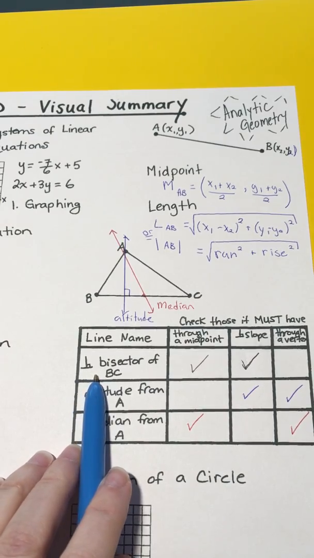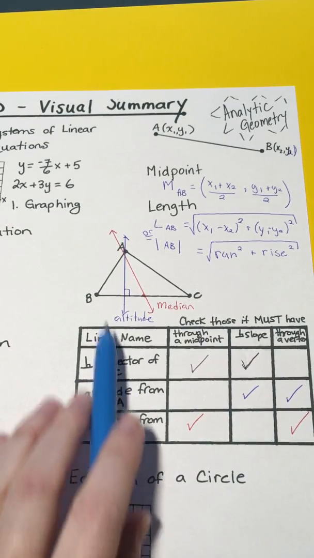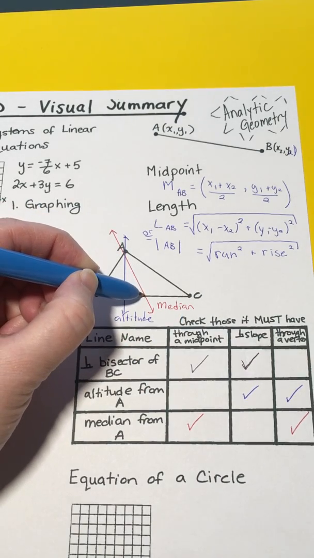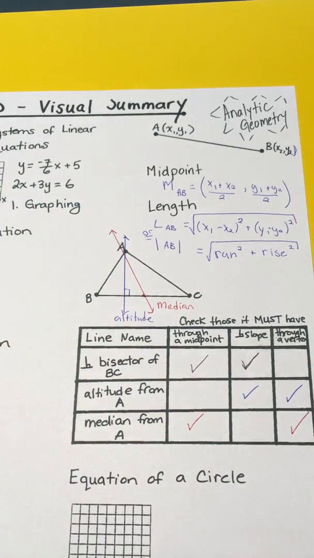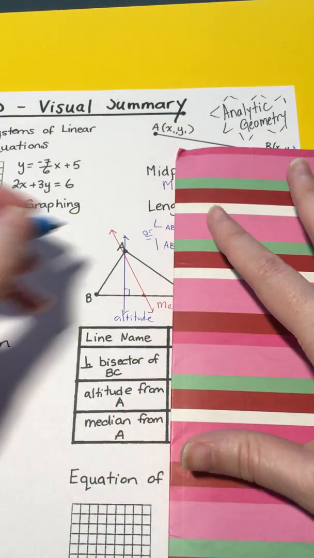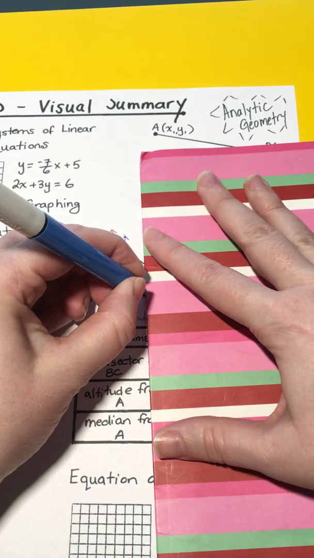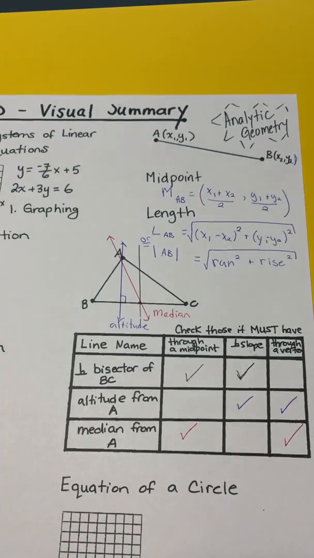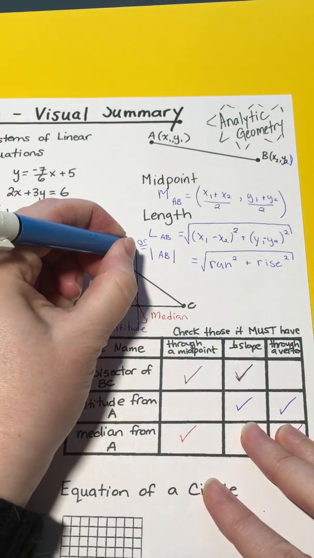So the perpendicular bisector of line or side BC is going to go through the midpoint or median of BC, and it's going to be perpendicular to it. So it's going to be like this. Hopefully those look like different colors to you.